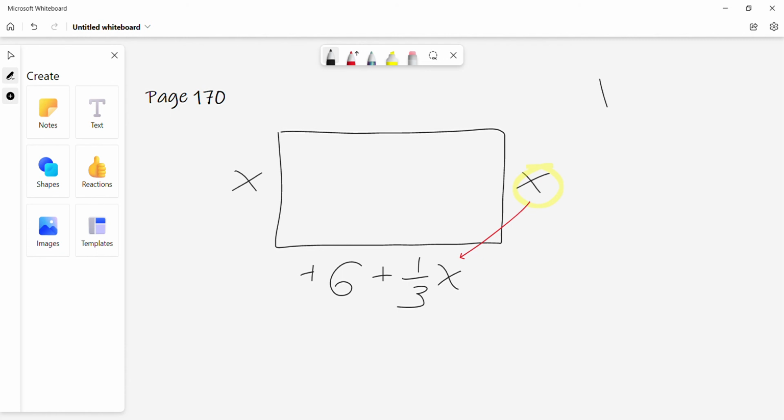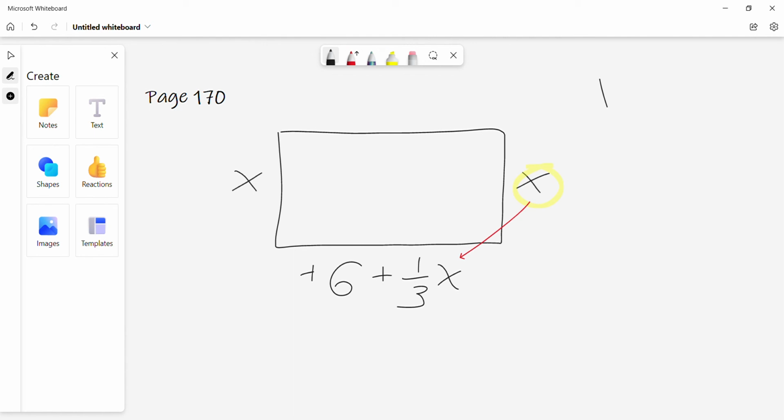I think I got that. The length is 6 yards more than 1/3 times width. This is a tiny farm.